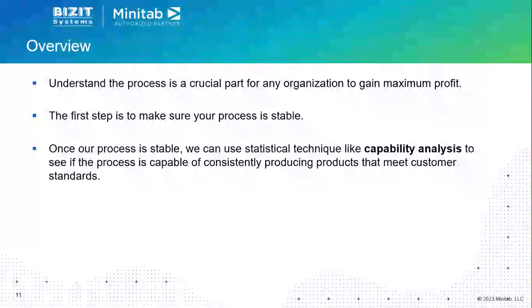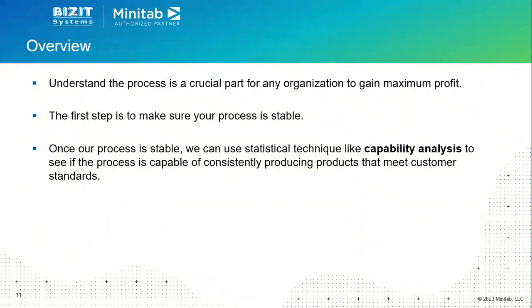So this is about stability. I think last month, if you already joined our last month's webinar, I explained about stability, how to measure stability using the control chart. But once your process is stable, you need to go on to the other stages.